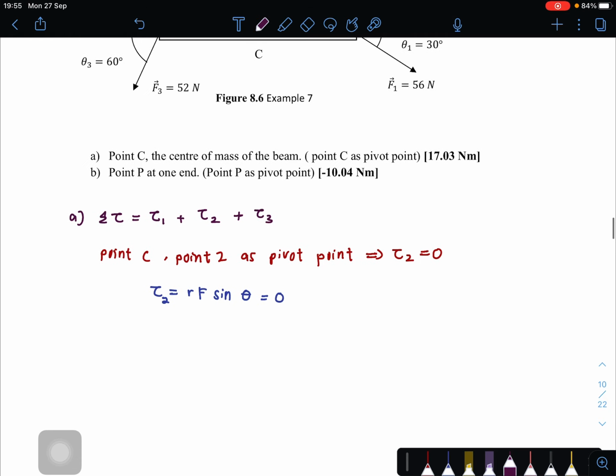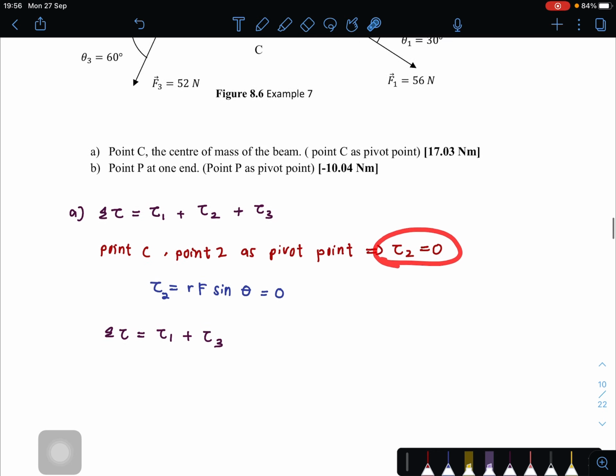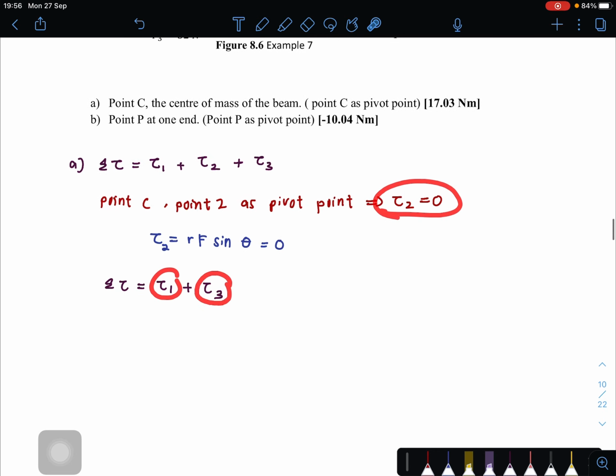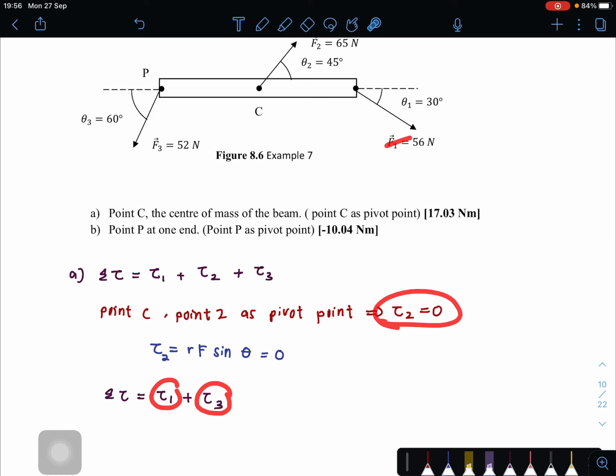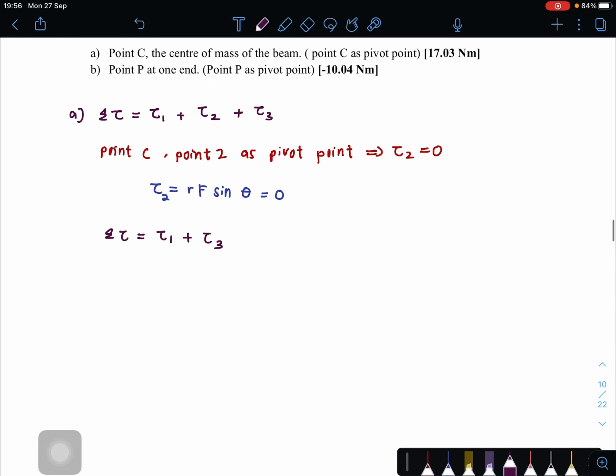Okay, so now for question A, we only have T1 plus T3 because T2 is equal to zero. So now we will calculate T1 and T3 first. This one and this one. So T1 is equal to RF1 sin theta.